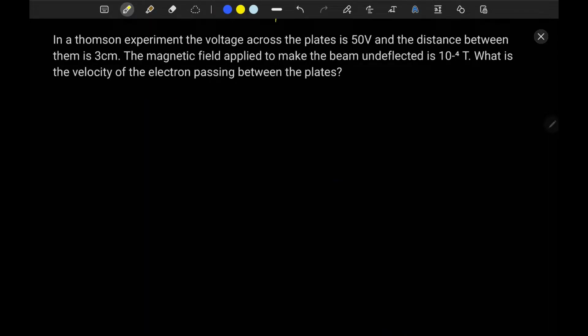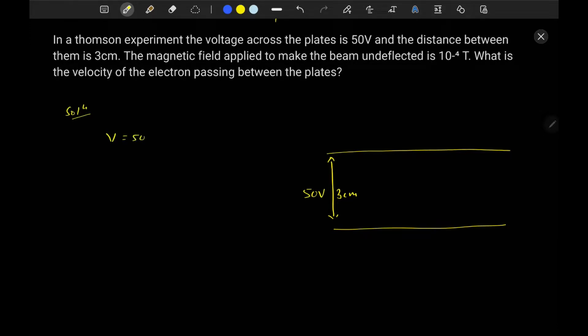Now we have the second question. In Thomson's experiment, the voltage across the plates is 50 volt and the distance between them is 3 cm. So the two plates are separated by 3 cm and the voltage between the two plates is 50 volt. The separation is 3 × 10⁻² meter.